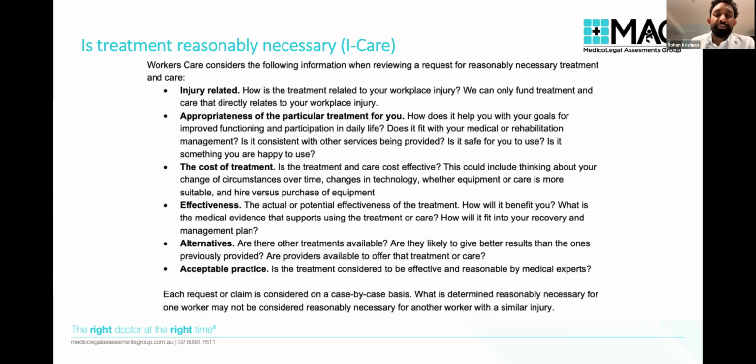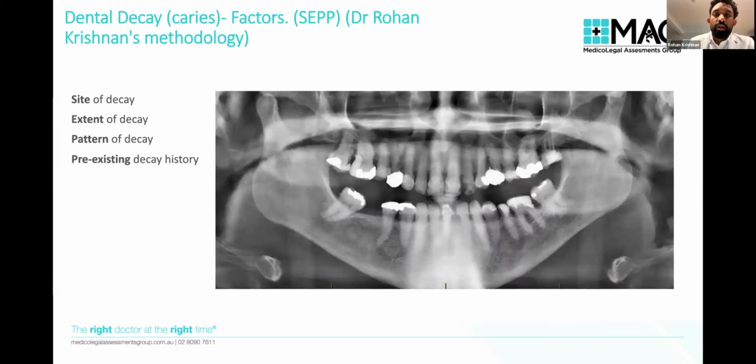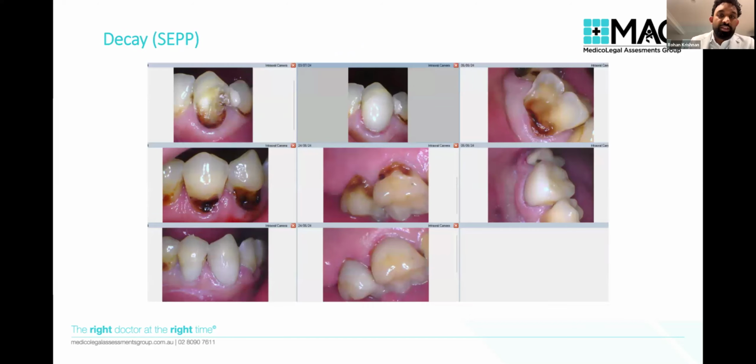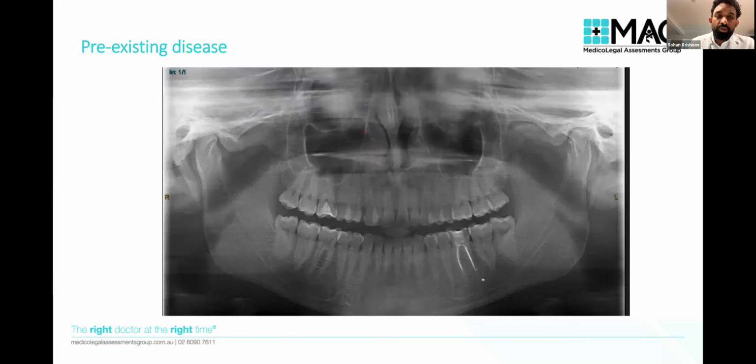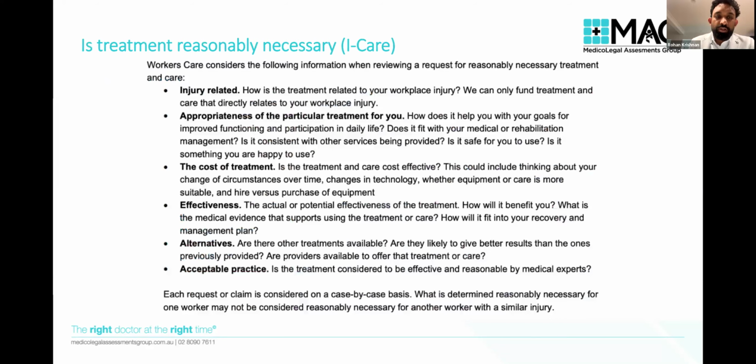And that might not be in the patient's best interest, because they may be able to have good restorative care, as you can see there, where some of those fillings have been done, that allow for the person to get to MMI without having extensive surgical work done. And it preserves the longevity of their teeth. It promotes good oral hygiene practices and is in their best interest. So these are other factors that we consider.